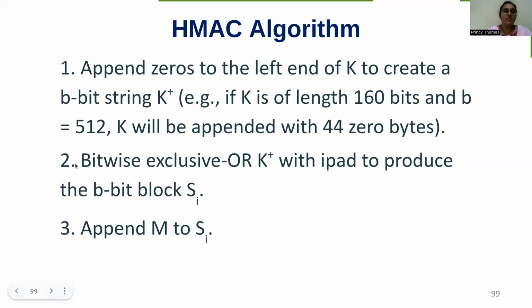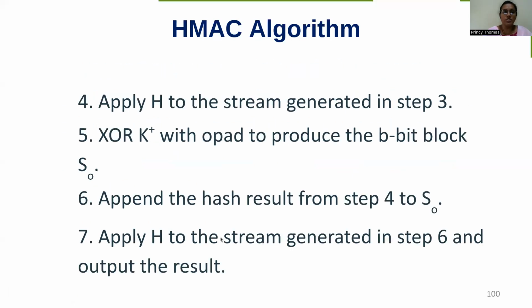Second step is to bitwise exclusive OR K plus with the iPad, which must be the same size, to produce a B-bit block Si. This Si is going to be appended to the message. We're going to see the diagrammatic representation, so you will get more details when you look at the diagram.